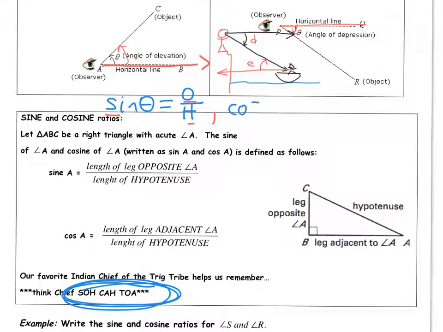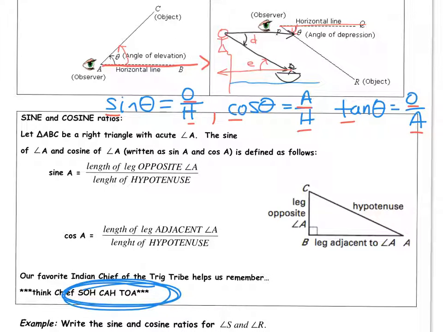Cosine of an angle is equal to the adjacent over the hypotenuse. That's CAH. And then the tangent, which we learned yesterday, of an angle is equal to the opposite over the adjacent. That's your TOA, T-O-A. So SOHCAHTOA.